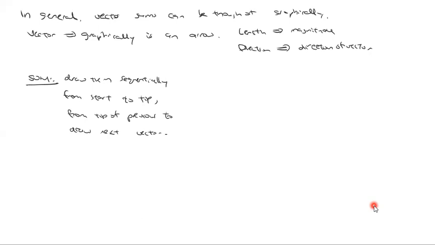So for example, if this is A, if this is B, if this is C, then A plus B would be A, kind of like that, B, kind of like this, and so from start to end, this is the sum.